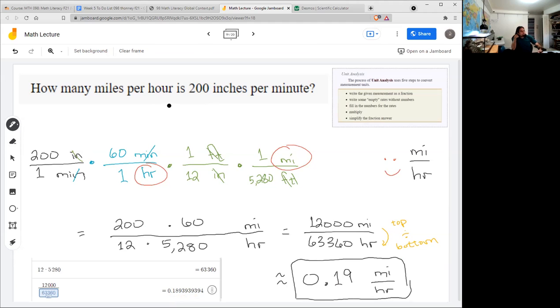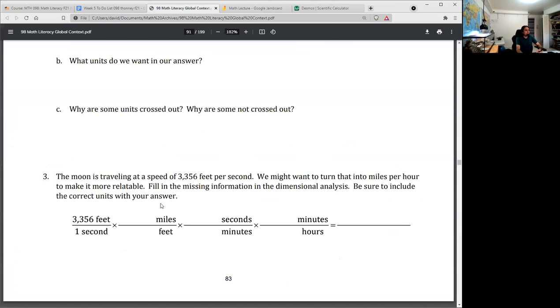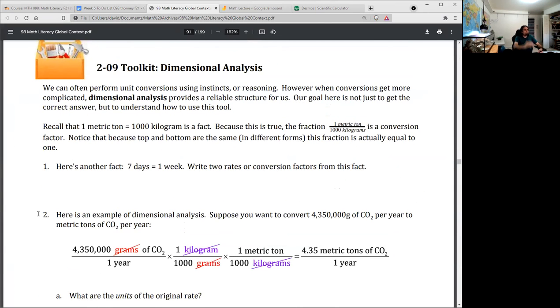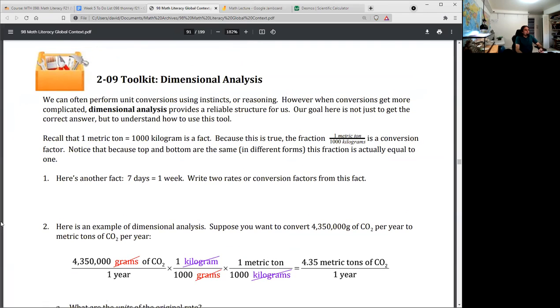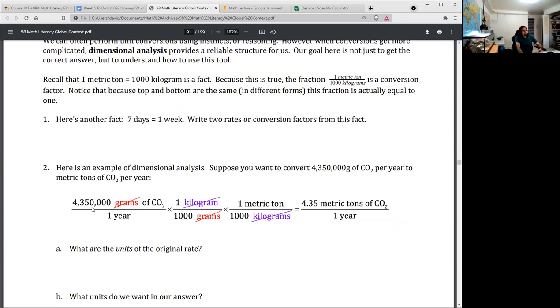Let's look real quick before we have to go at your actual stuff. See what Paula can read to you. Make sure I've covered everything. So we can perform unit conversions using our instincts or our reasons. I showed you about the unit rate and the proportional method, but there is a tool called dimensional analysis or unit analysis that works. See how they're multiplying across, canceling out the grams, canceling out kilograms.